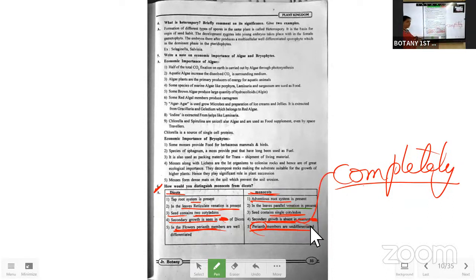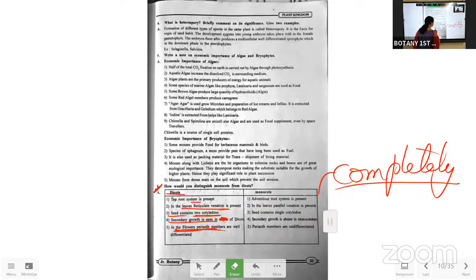Next comes the seed. Seed contains 2 cotyledons in the dicots, and only 1 cotyledon in the monocots. Next, flowers have clear calyx and corolla, whereas the monocots do not have separate distinction of calyx and corolla. That means they cannot be separated by their color. That much you have to write, and we can wind up this answer.